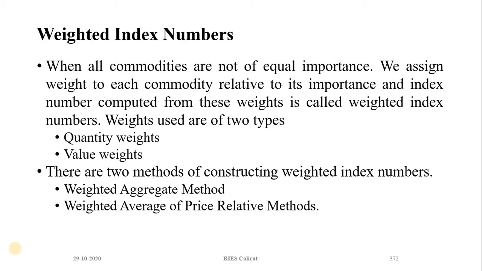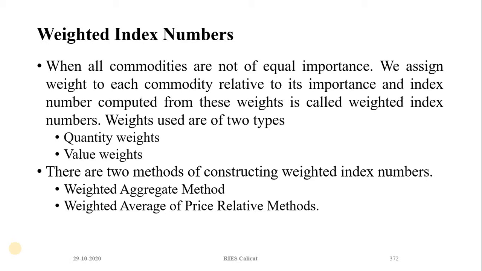But 1 kilogram of rice is around 30 rupees. 1 gram of gold is around 3,000 or 4,000 rupees. Or 1 quintal of rice is about 5,000 rupees, or 8 grams of gold is around 40,000 rupees.